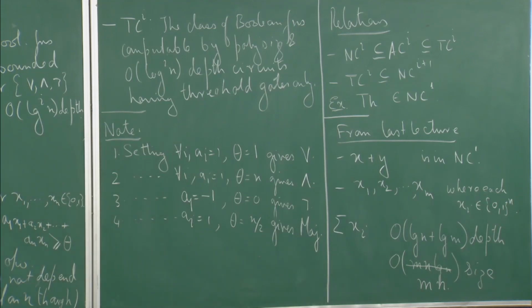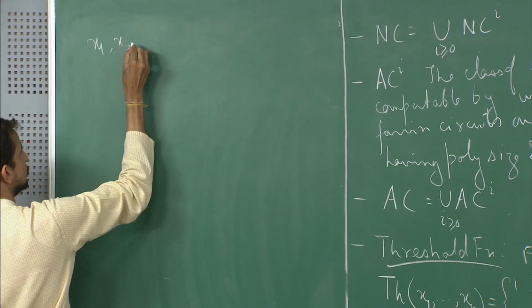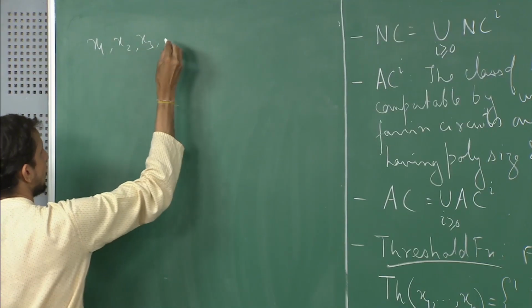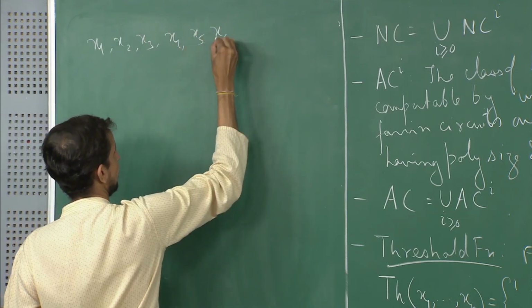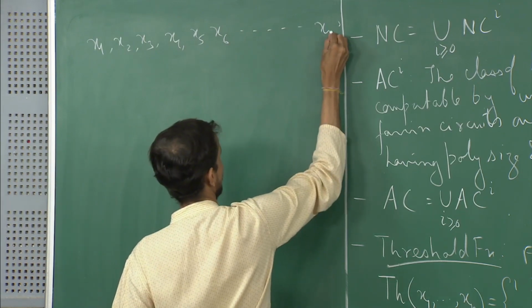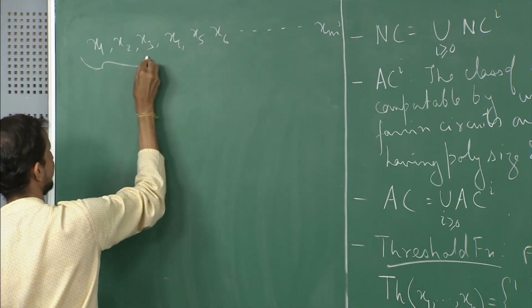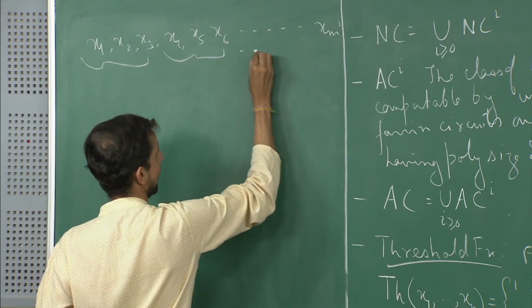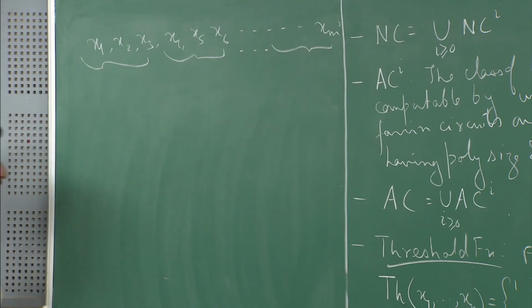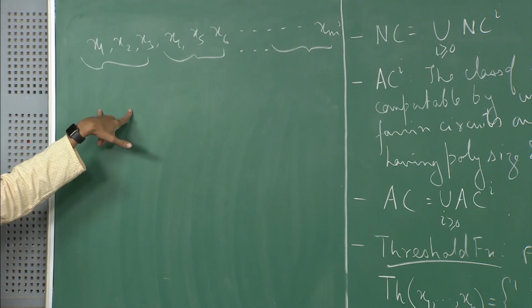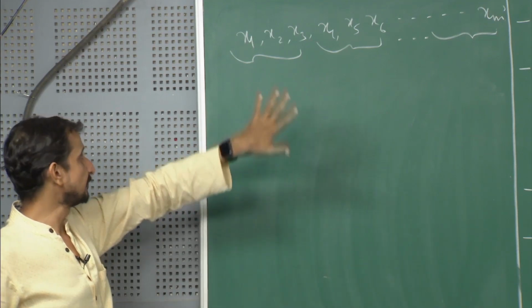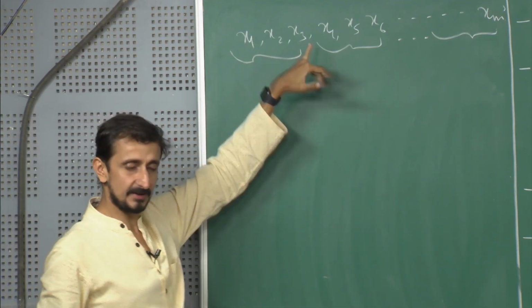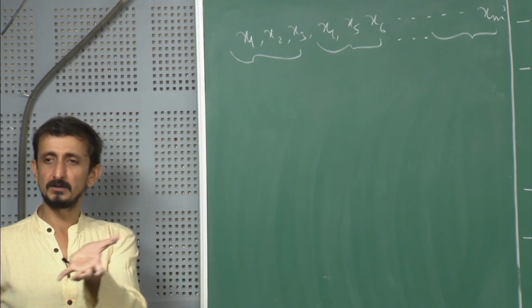So the reason is, how did we do this addition? We have these numbers x1, x2, x3, x4, x5, x6, and so on up to xm, and we took them in blocks of 3. Then we reduced the sum of x1 plus x2 plus x3 to the sum of two other numbers.